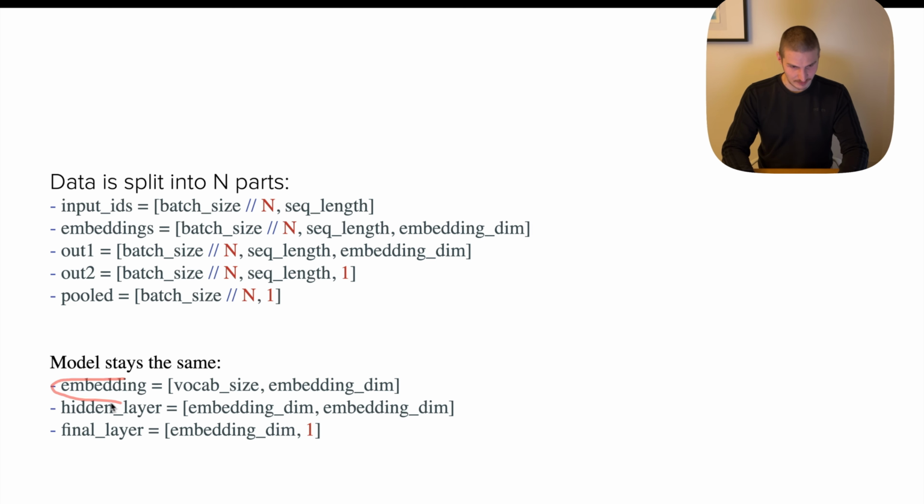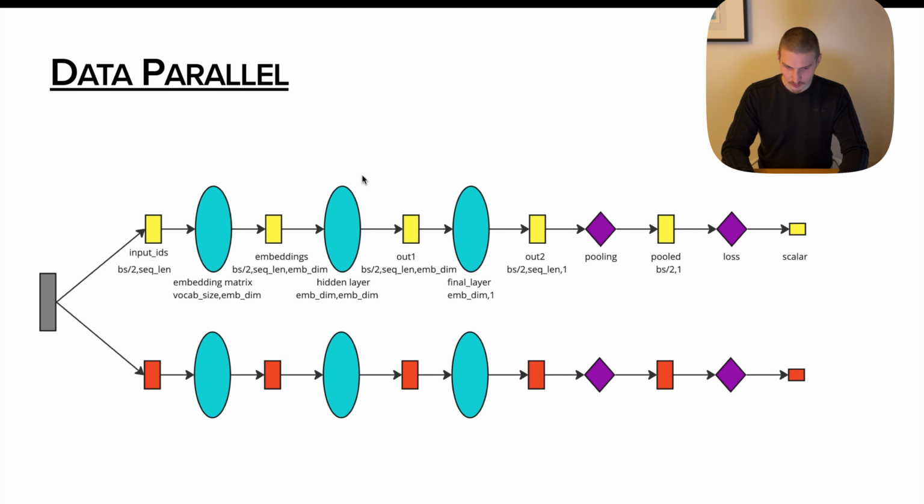So we have the actual embedding matrix in the model. We have hidden layer, we have final layer. All of these don't really have batch size in their dimensions, so they stay as they are. What that means from the practical perspective is that we had our input data. Let's say we split it into two parts, this yellow part and this red part, and we basically send the corresponding part to each device.